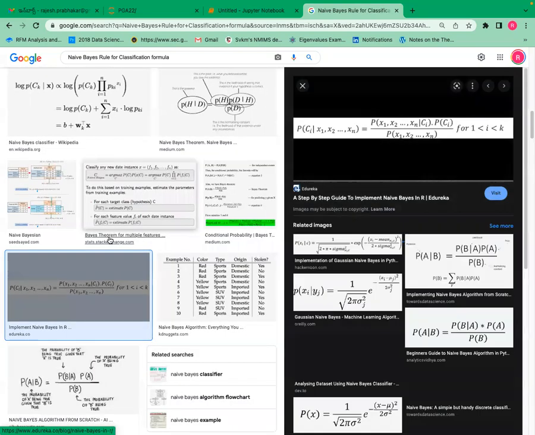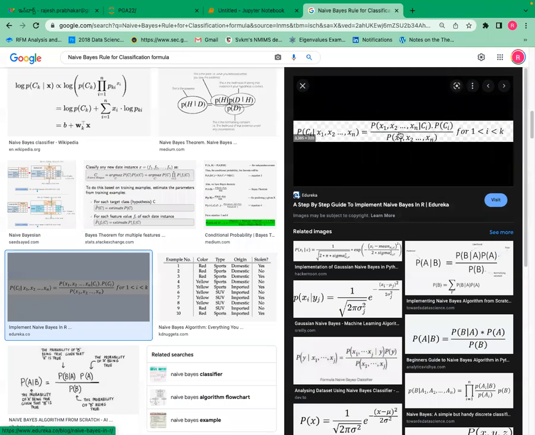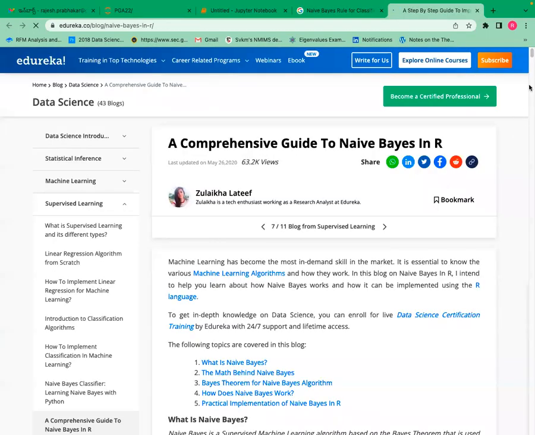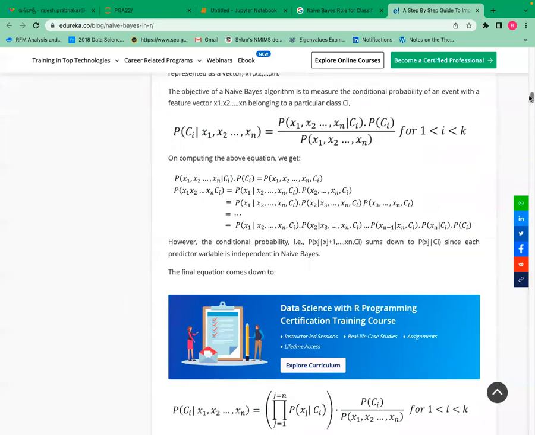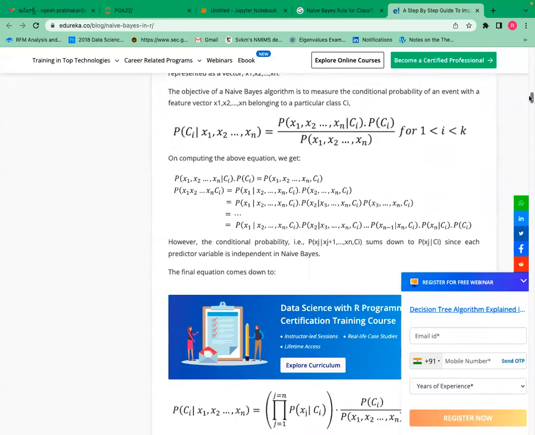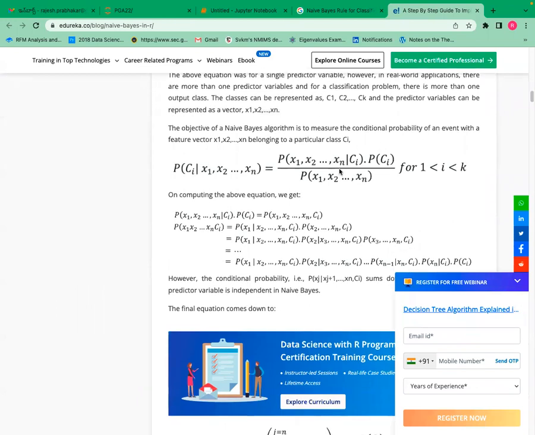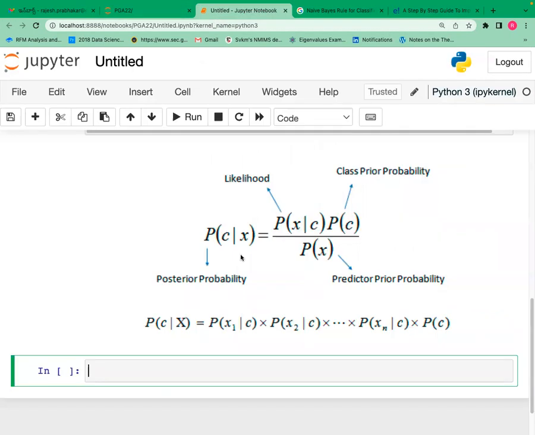Yeah, this formula, but I'm not sure you guys will be able to understand. So put both formulas. This has to be probability of X given C.